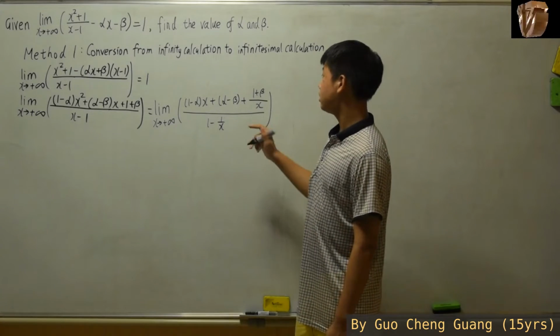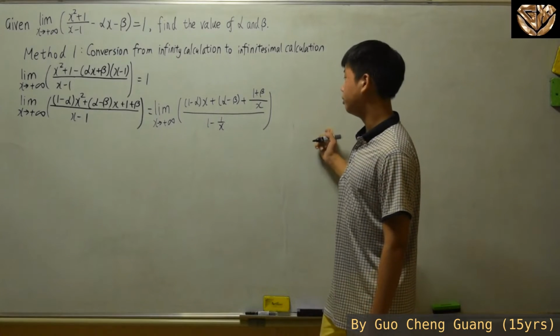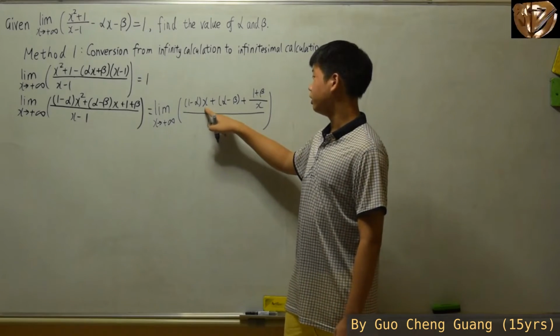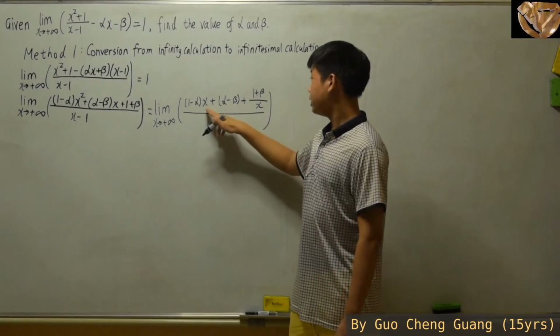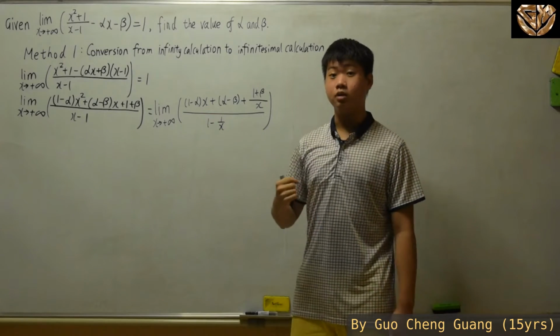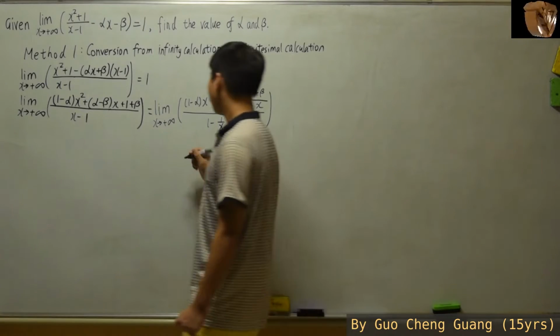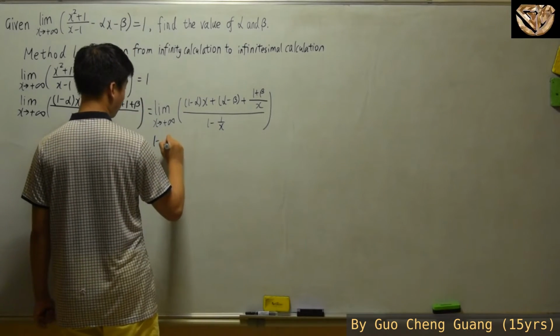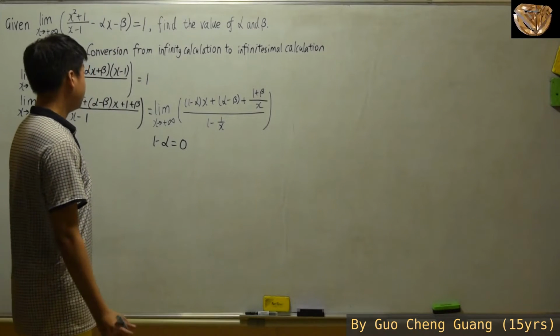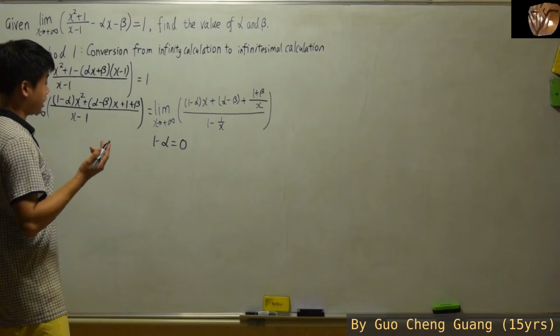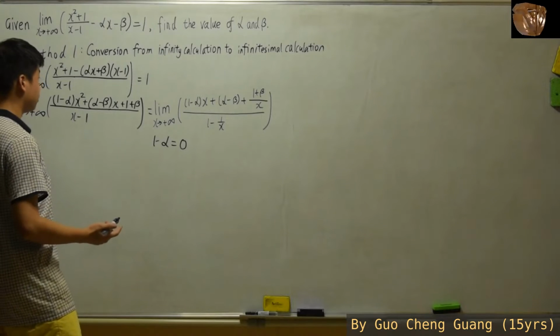So since this should be equal to 1, you cannot have the infinity term in your numerator. So since you cannot have this infinity term in your numerator, 1 minus alpha has to be equal to 0. So then you can quickly deduce that alpha is equal to 1.